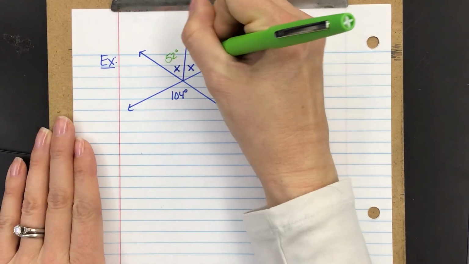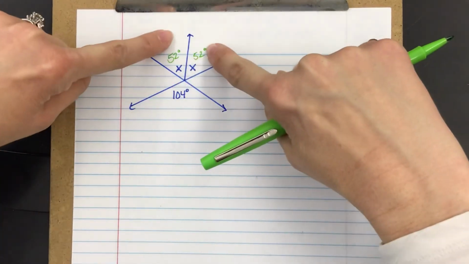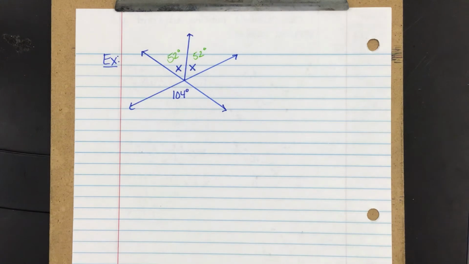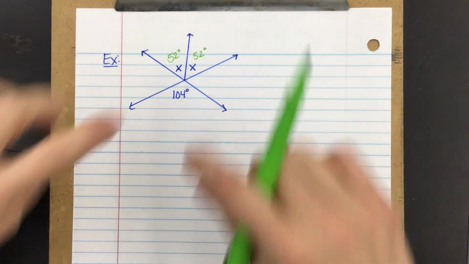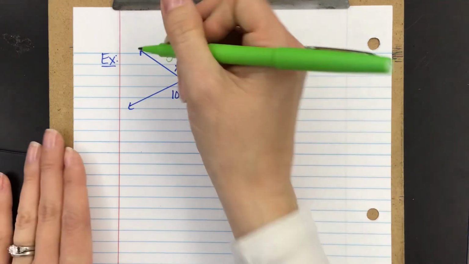Okay, so these two angles together are vertical to this one, and they're splitting it. So that's why they're 52. Okay, see if you can figure out the other two angles real quick. Okay, what are they? 76. 76, good.